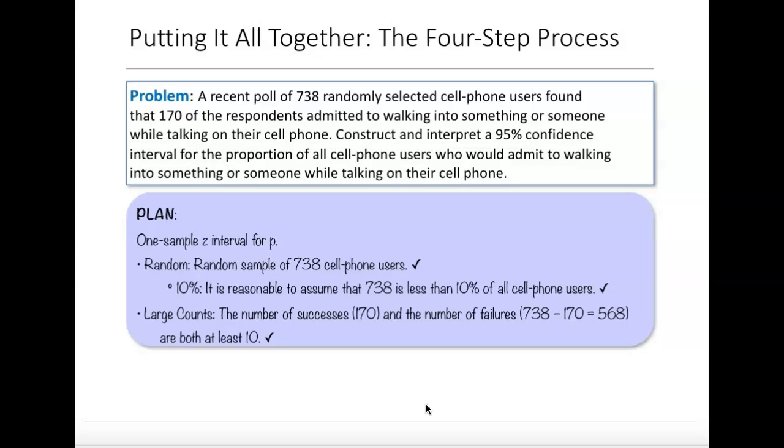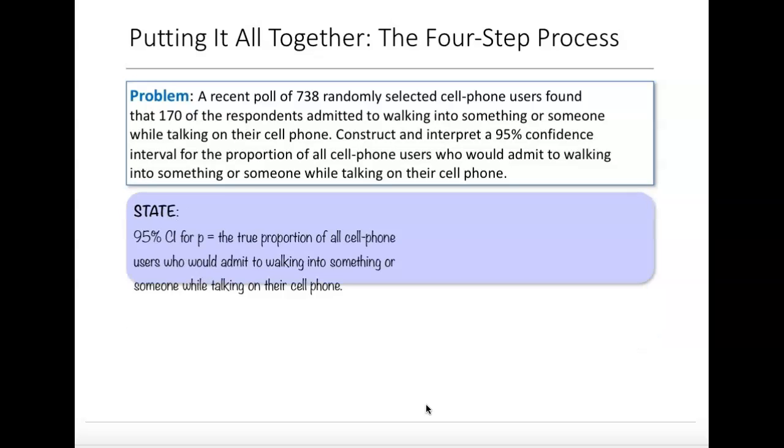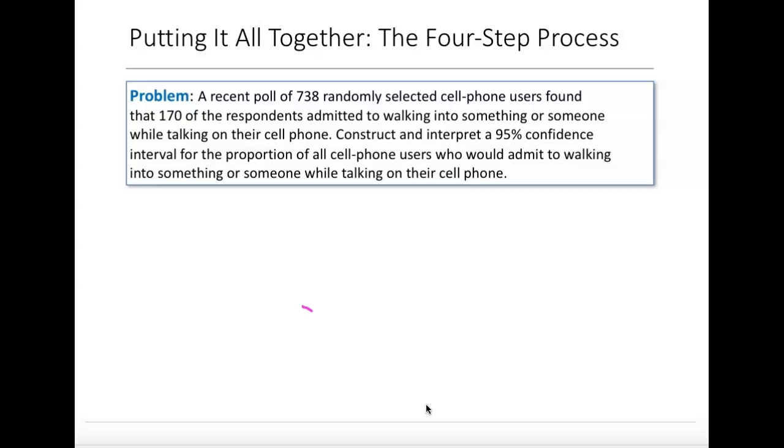All right, so let's practice using our calculator for this. Let's do the do section together. We're going to use our calculator to construct that one prop Z interval for p. In this case, X is going to be what?